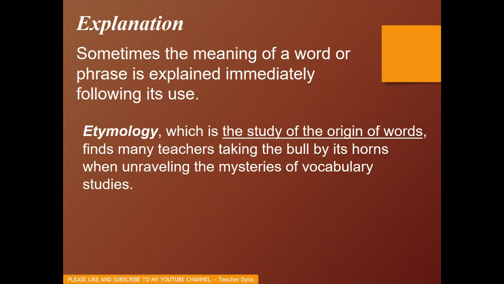Example, we have here etymology. Etymology, which is the study of the origin of words, finds many teachers taking the bull by its horns when unraveling the mysteries of vocabulary studies. It is already explained in here. That's why we now know and understand the meaning of etymology.